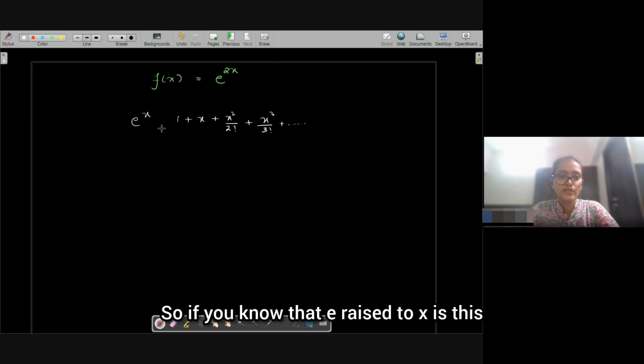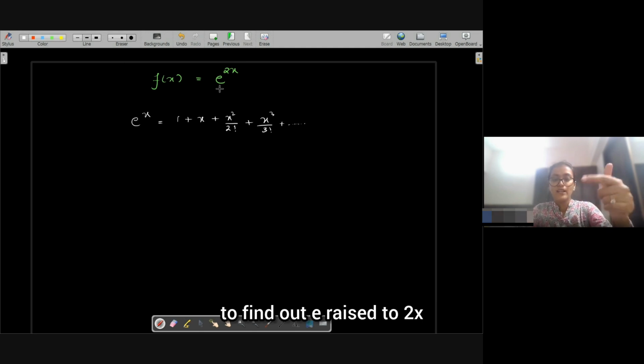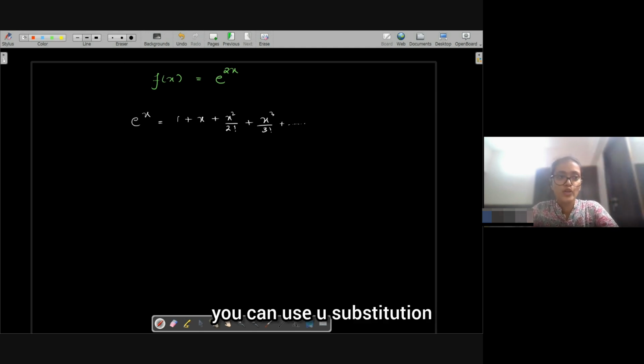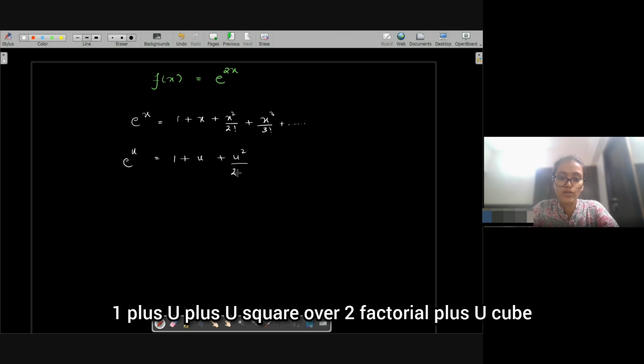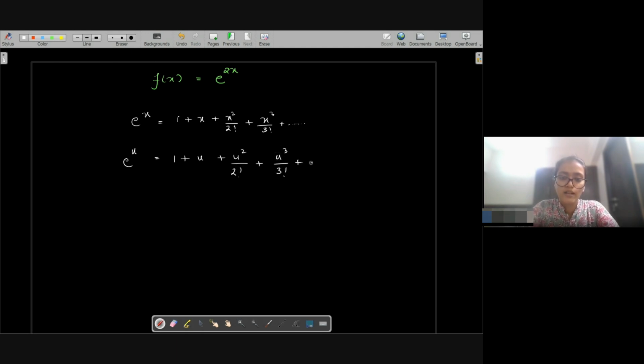So if you know that e raised to x is this, to find out e raised to 2x, you can use u substitution. What you can say is, let's say e raised to u will be 1 plus u square over 2 factorial plus u cube and so on.